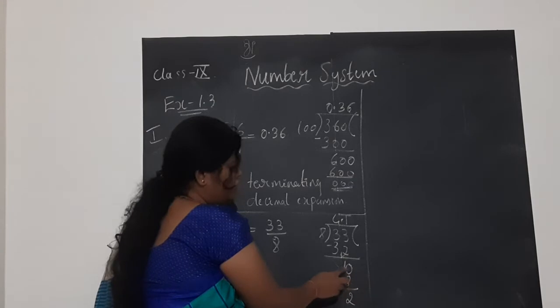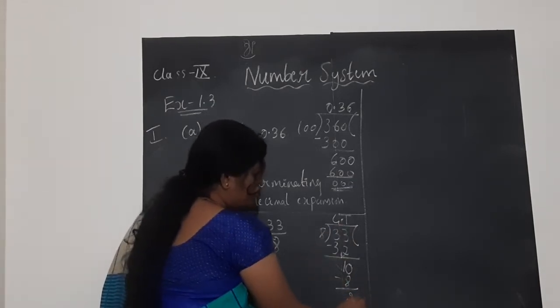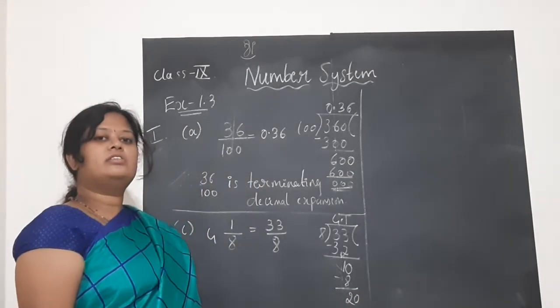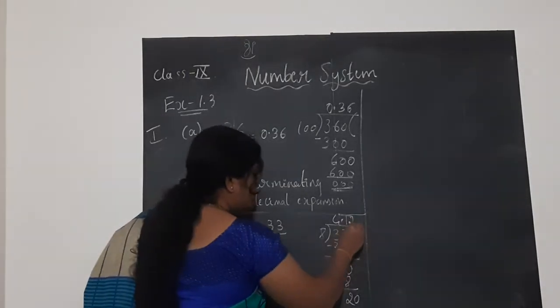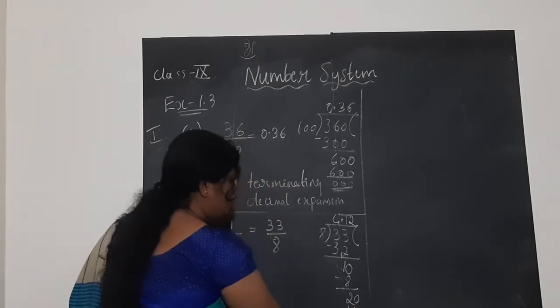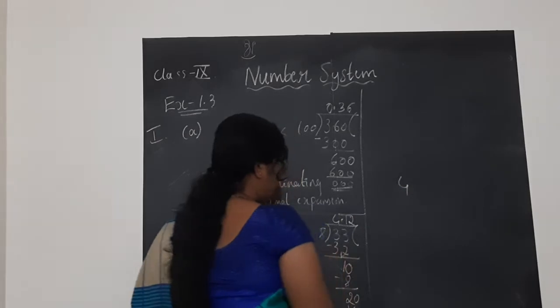Since the decimal point is already there, I will make it 20. The nearest multiple of 8 to 20: 8 3s are 24, which is more, so we go for 8 2s are 16. Now the remainder is 4. I will continue here, children. The remainder is 4 now.